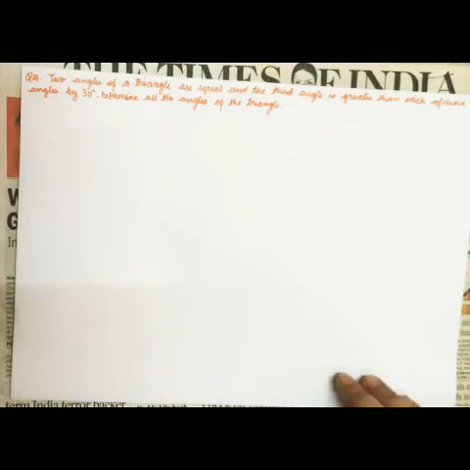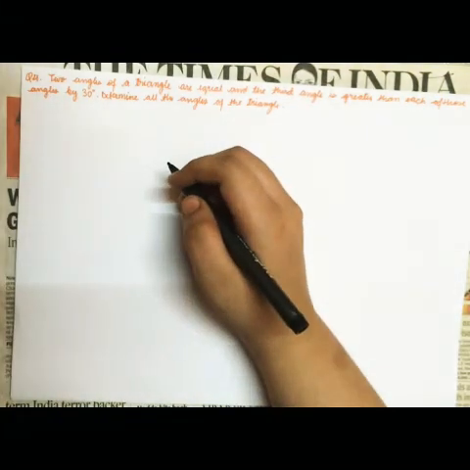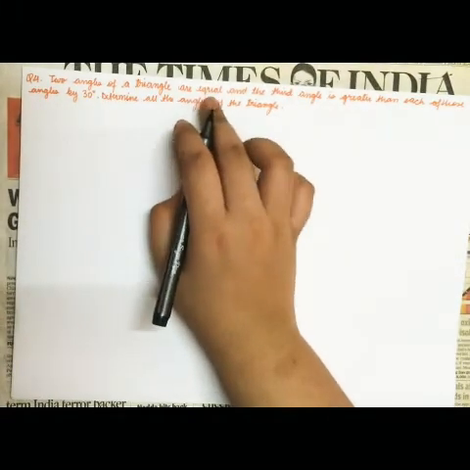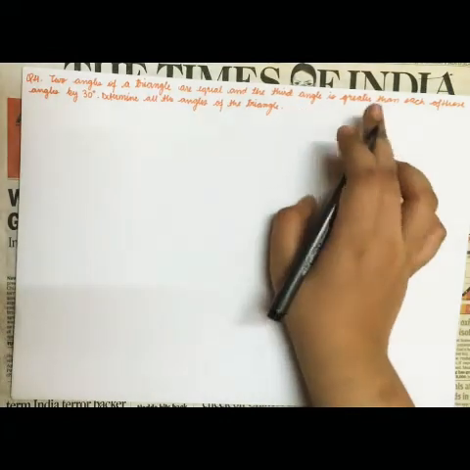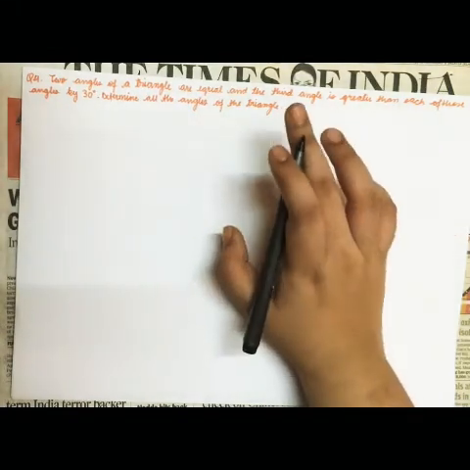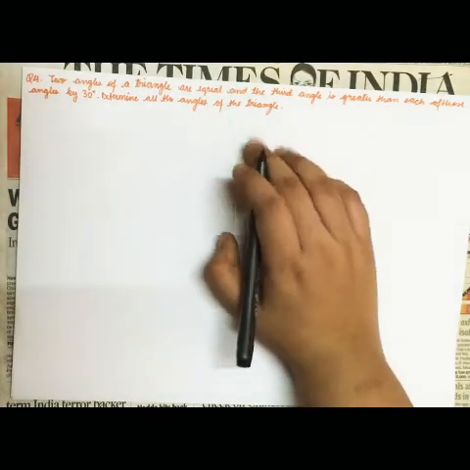Now question number 4. It says that two angles of a triangle are equal and the third angle is greater than each of these angles by 30 degrees. Determine all the angles.